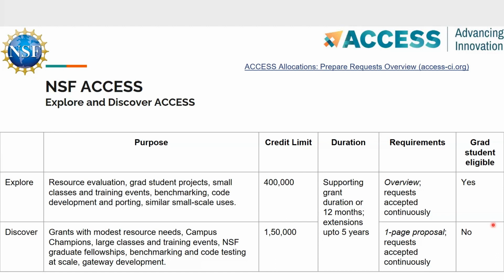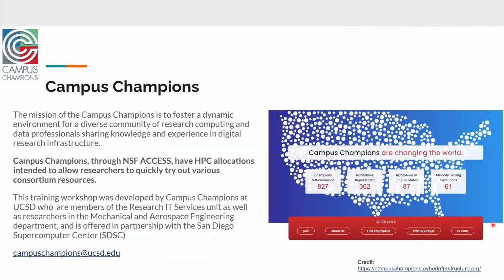And once they have that allocation, the PI can add you to their allocation, so you will also have access to that allocation and all of the resources. So NSF Access, Explore, and Discover are a great way for you to get started with HPC and get access to a lot of these high performance computing clusters.